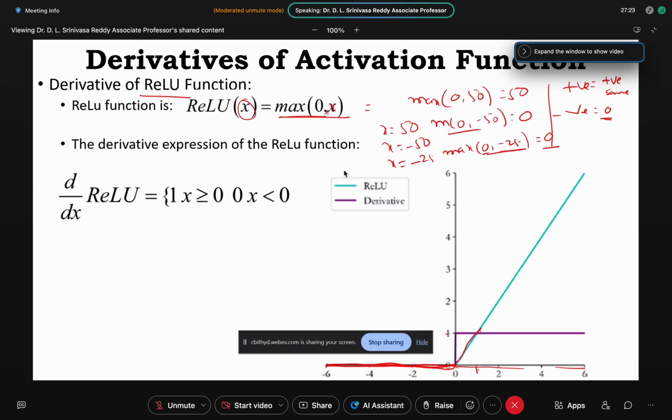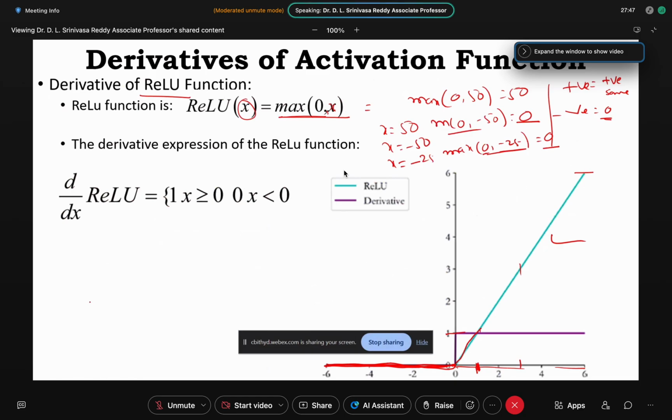If you take 1 as an input, you will get 1 as an output. If you take 3 as an input, you will get 3 as an output. That means it is at 45 degrees, the same value we will get. For negative input, you will get 0 here. This is called the ReLU function. What is its derivative here?